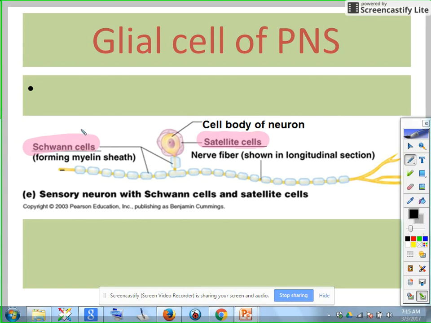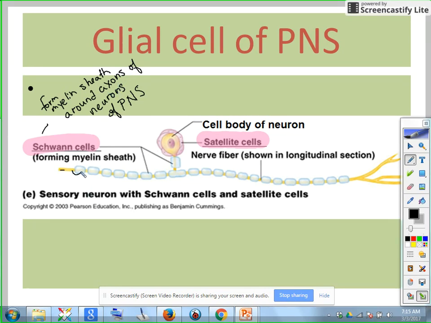And so we already have described the Schwann cell previously on a different video. The Schwann cells form the myelin sheath around neurons of the peripheral nervous system, and not just around the neurons, the axons of neurons of the peripheral nervous system.